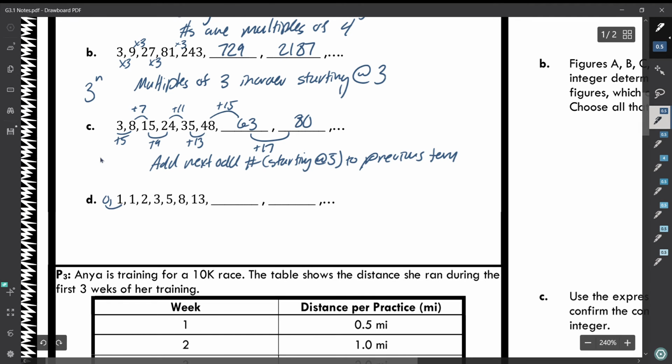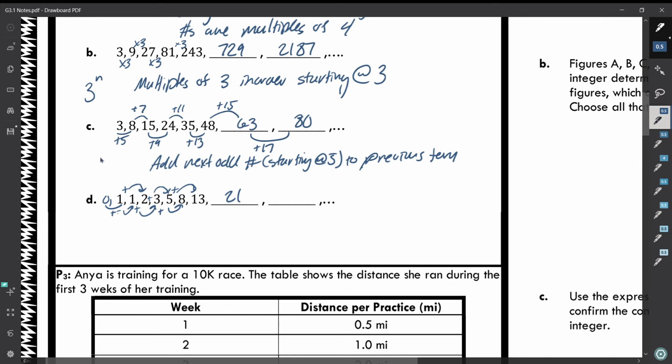So what if I did 0 plus 1? I get 1. How about 1 plus 1? You get 2. How about 1 plus 2? You get 3. 2 plus 3, you get 5. 5 plus 3, you get 8. 5 plus 8, you get 13. 13 plus 8, you get 21.